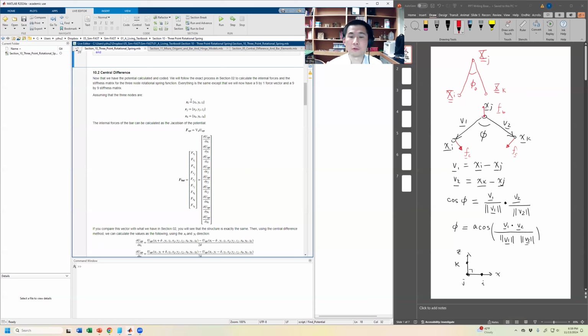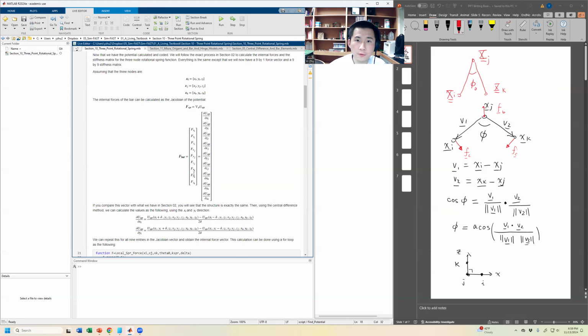So we need to tweak the code a little bit, but overall it's the same process. To find the force vector, we need to solve for the Jacobian of this potential. That's done by calculating the nabla x of this potential of the spring.